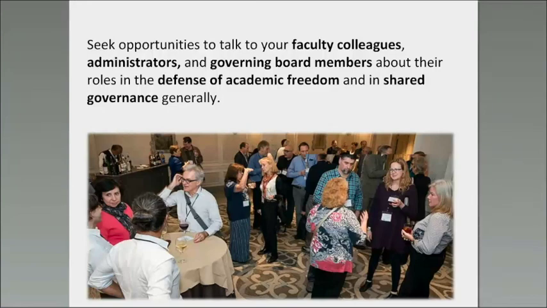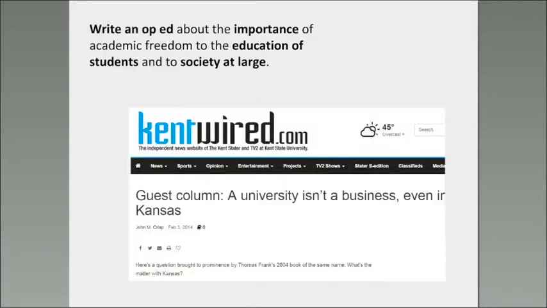I'll say specifically about governing board members that we have a statement on faculty board communication that you might want to look at, which talks about structuring the way in which the faculty and the board can communicate directly, and that includes participation in board orientation meetings, which would be an opportunity to talk about those kinds of issues.